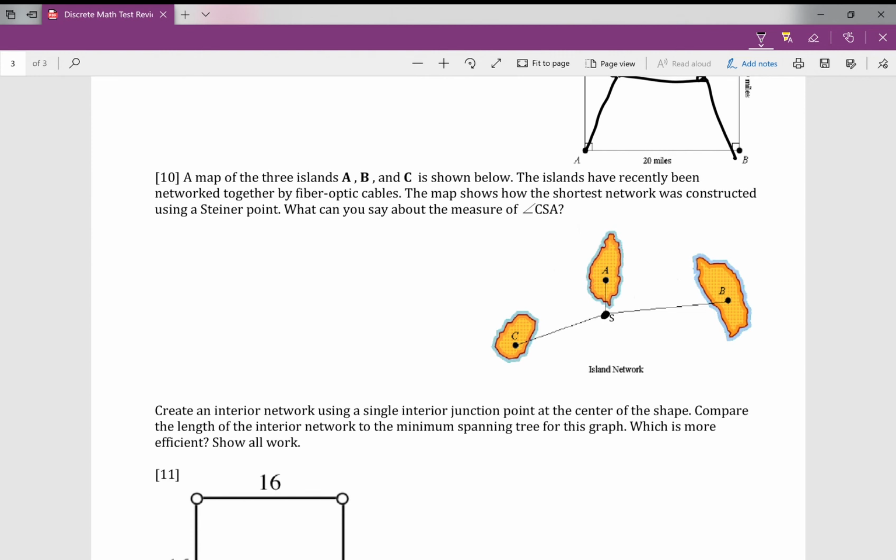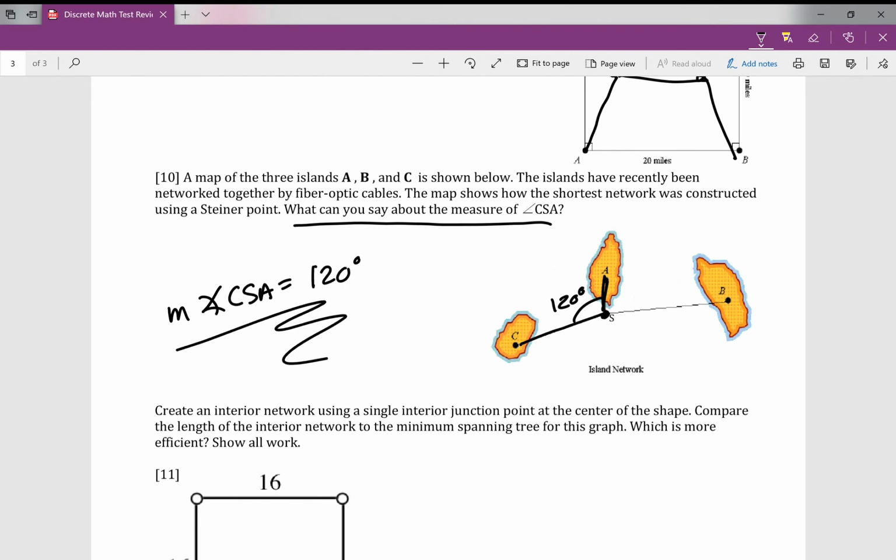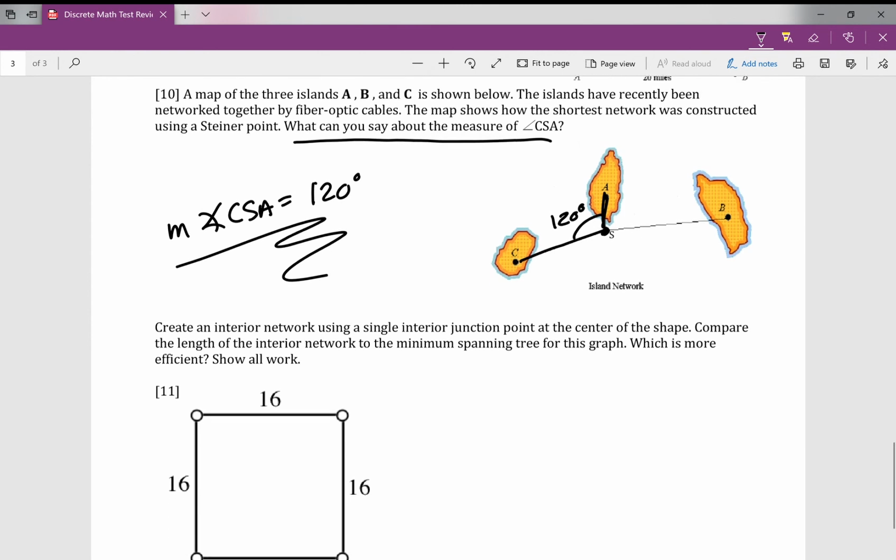So it wants to know what we can say about the measure of angle CSA. It has to be 120 degrees if that is a Steiner point. Again, that was in our list of theorems that we discussed in class.